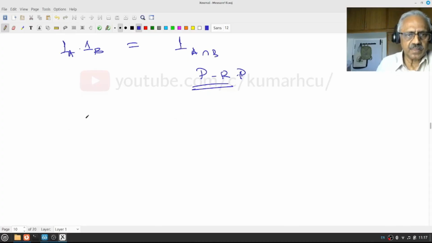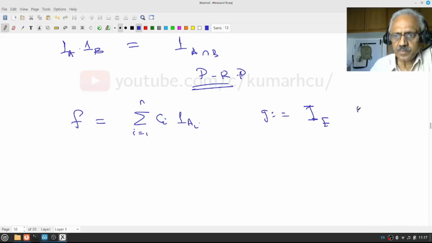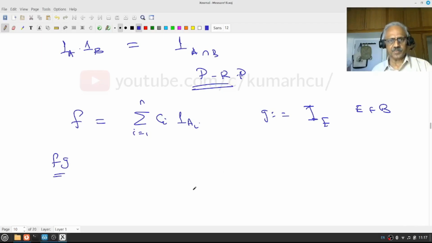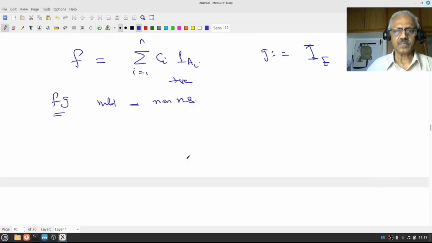Now let's come back. So f is already a simple function, the sum of c_i times indicator function of A_i, i equal to 1 to n. My g is the indicator function of a measurable set E. Now I want to know what is f times g. Notice that it is certainly a measurable function, and since we are assuming f is positive also, this is measurable and non-negative. So the only question is the values.